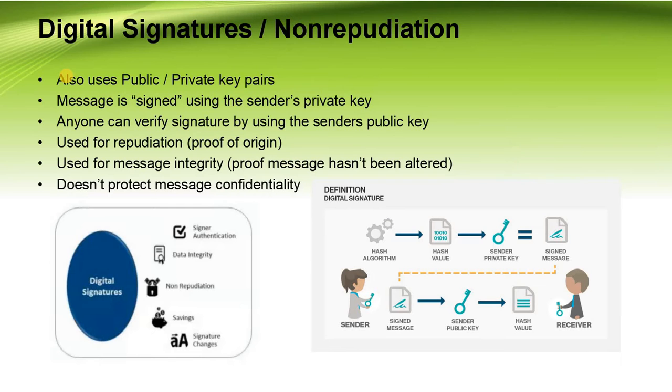So let's go to digital signature and non-repudiation. The digital signature is a cryptographic implementation designed to demonstrate authenticity and identity associated with the message. Using public key cryptography, a digital signature allows traceability to the person signing the message through the use of their private key.